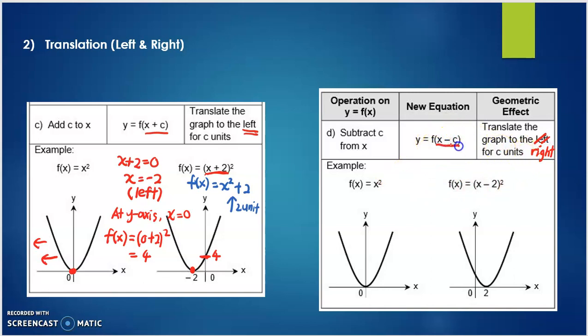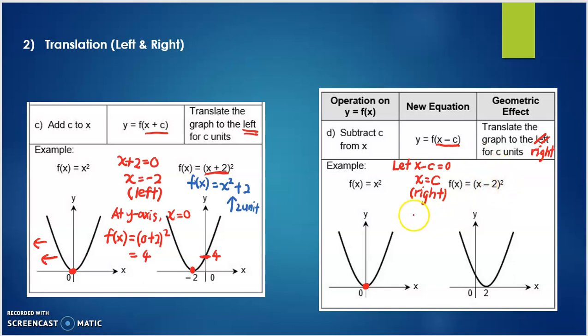Again, we let x minus c equal 0. So x equals positive c. For positive, it is moving to the right hand side. Let's look at this example. f(x) equals x squared again. This is the point at the origin. Now the new equation is f(x) equals (x minus 2) squared.